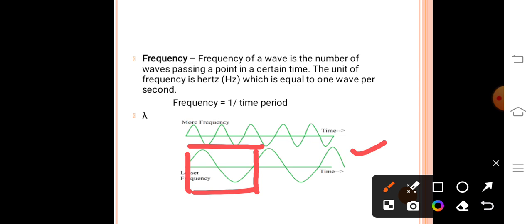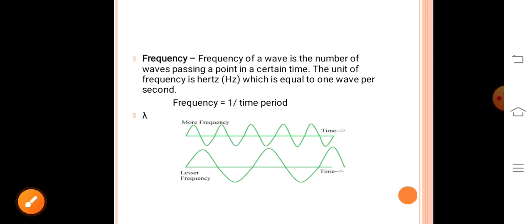So when the time period is minimum, the frequency is very high, and when the time period is maximum, the frequency is very low. It works as a reciprocal between frequency and time period.